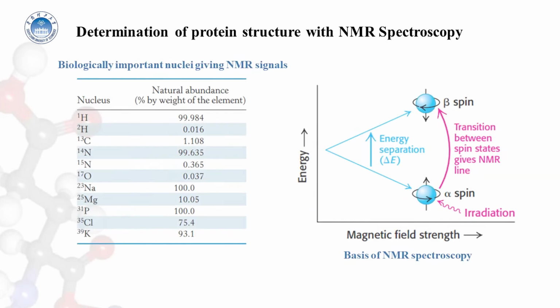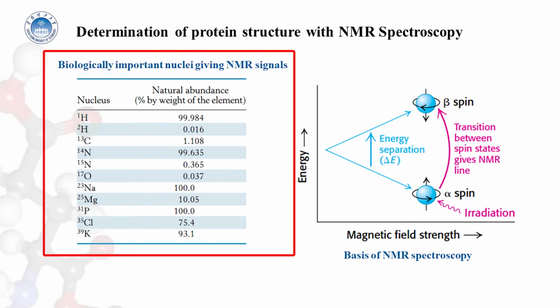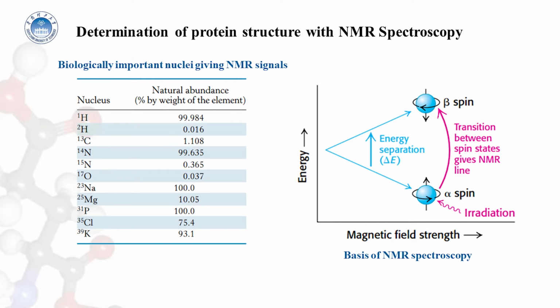This technique depends on the fact that certain atomic nuclei are intrinsically magnetic. Only a limited number of isotopes display this property, called spin, and those most important to biochemistry are listed in this table. The simplest example is the hydrogen nucleus, which is a proton.